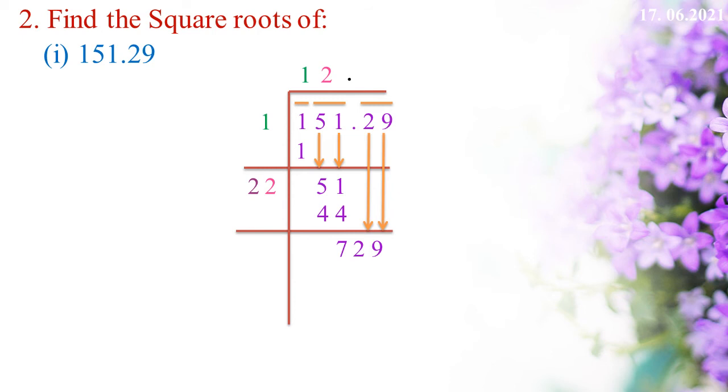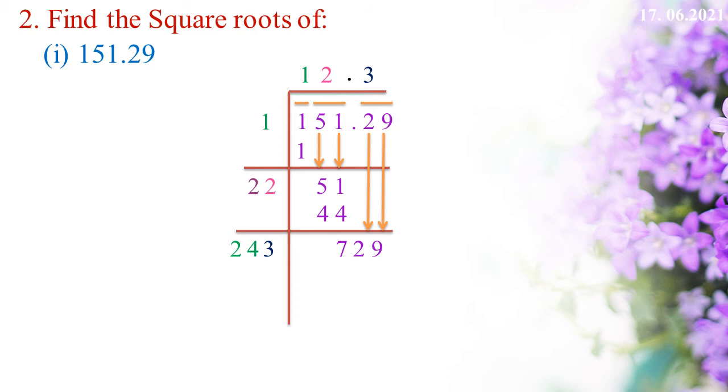Then, place the decimal point on quotient and bring down the next period. So, 729. Now, obtain the new divisor by taking 2 times the quotient. On doubling the quotient 12, we will get 24 and annexing with it a suitable digit. Here, the suitable digit is 3. So, place 3 on quotient also.